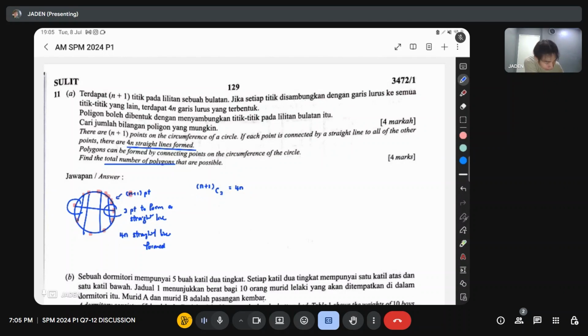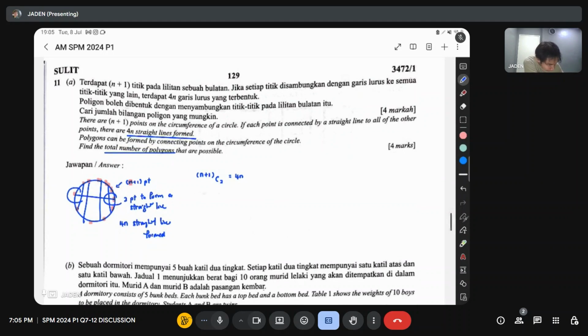So to find your n value, we will convert this into (n plus 1) factorial over 2 factorial times (n plus 1 minus 2) factorial, equal to 4n.